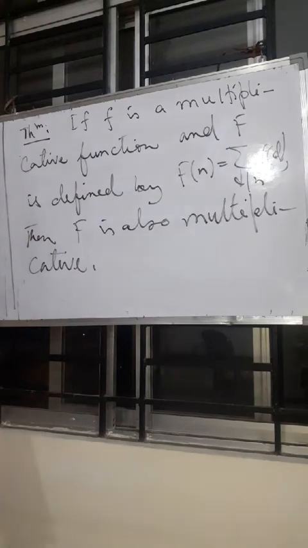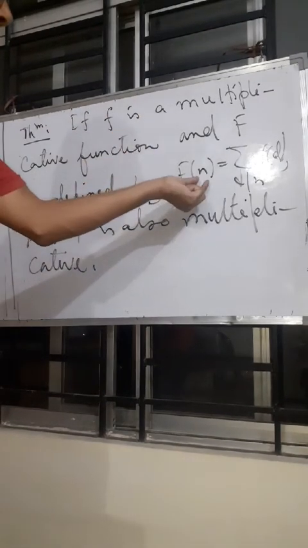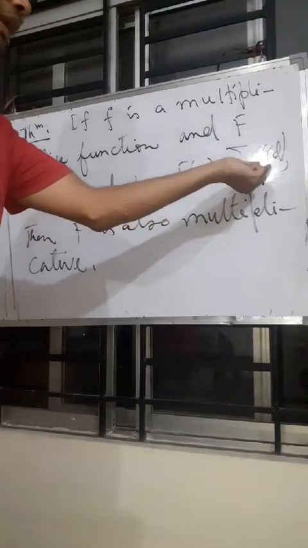Capital F is a multiplicative function and small f is defined like this. Capital F of n is equal to the sum over d divides n of f of d.